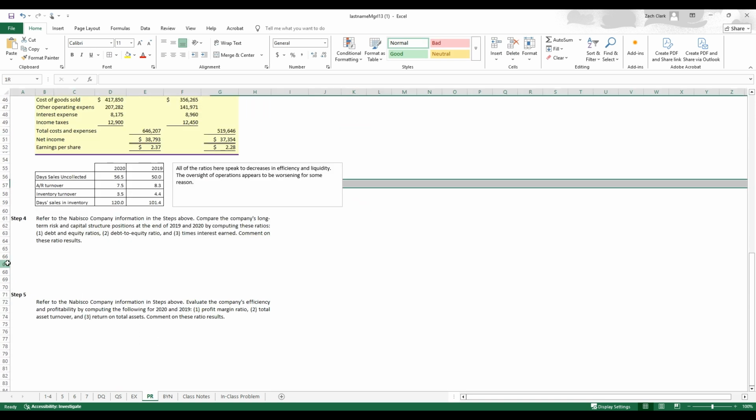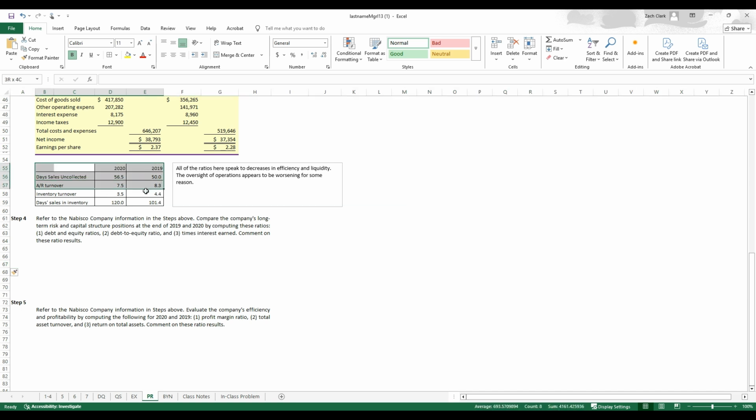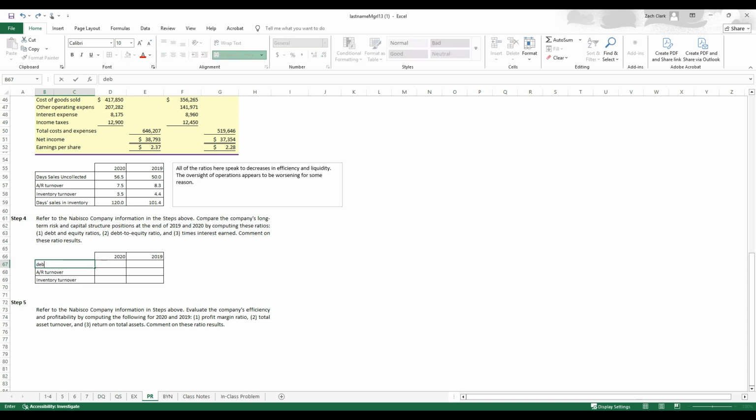Okay, step 4. Here we're saying compare the company's long-term risk and capital structures by using these ratios: debt and equity ratio, debt to equity, and times interest earned. So let's go ahead and just copy. Again, these aren't going to work at all, but let's just use this general structure.